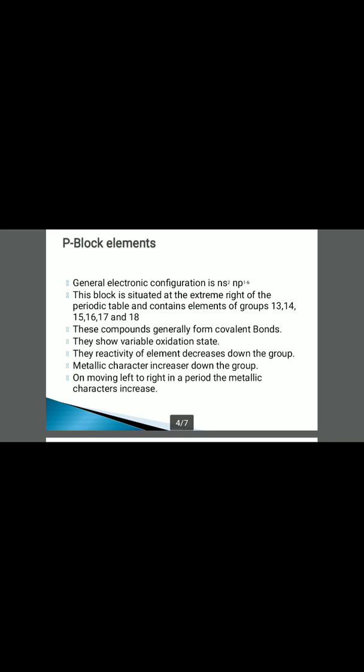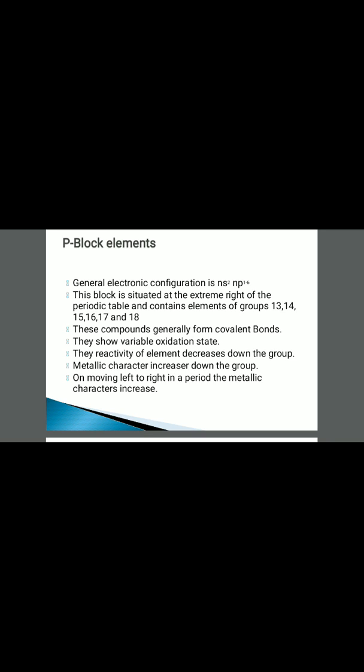Now P block elements. General electronic configuration of P block elements is ns2 np1 to 6. And what are their properties? P block elements involve group numbers 13, 14, 15, 16, 17 and 18. But in the 18th group helium is not counted.